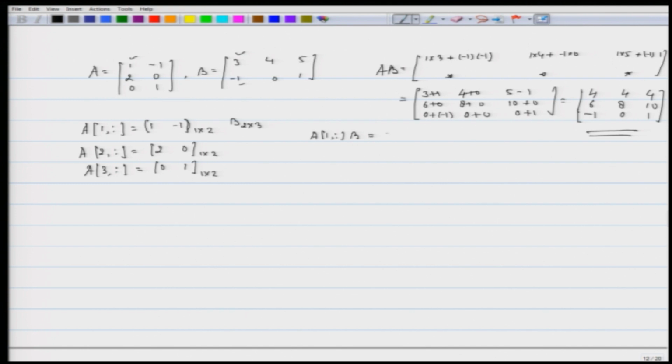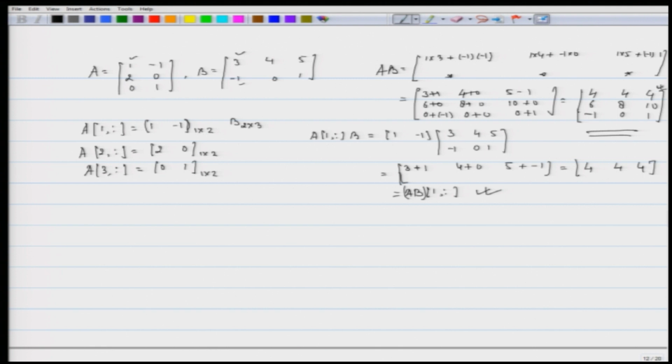Multiplying these two basically means I am looking at 1 minus 1 times this matrix B, which is 3 4 5, minus 1 0 1. This is the same as 3 plus 1, 4 plus 0, 5 plus minus 1, which is 4 4 4, which was nothing but the first row of AB. Just match it with this.